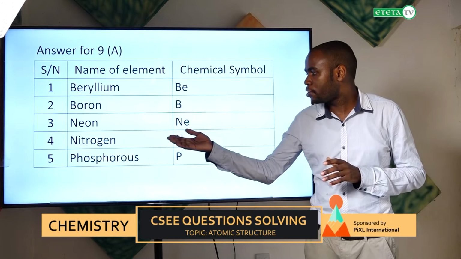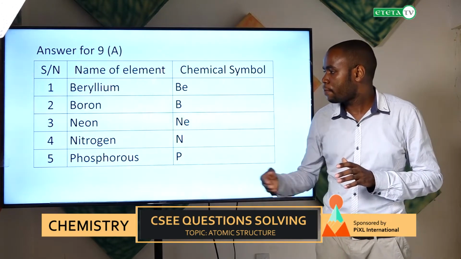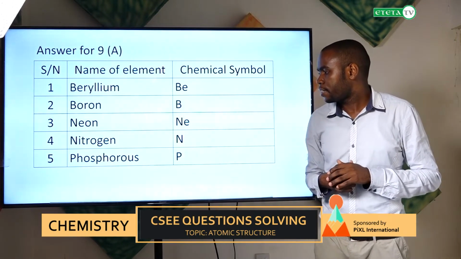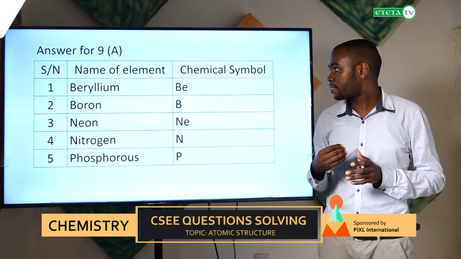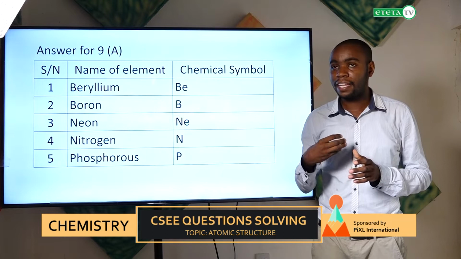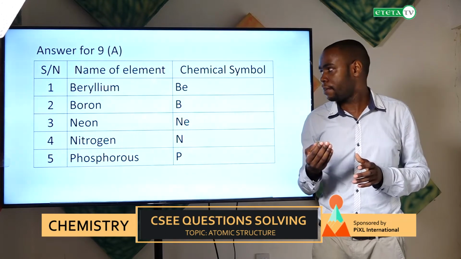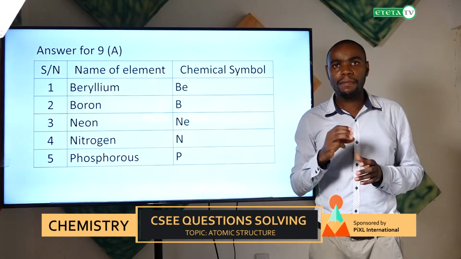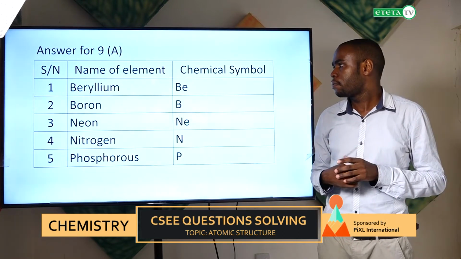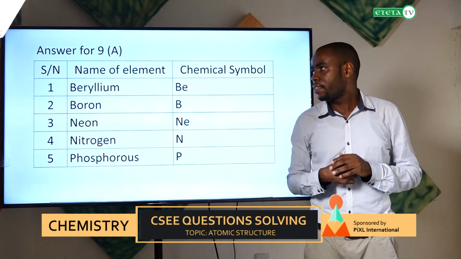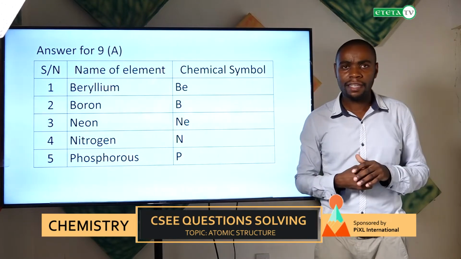The symbol for nitrogen is N, and the symbol for phosphorus is P. Point to remember: when you write the symbol of an element, the first letter should be capital and the second letter should be small. So this is how you can write the symbols for the elements mentioned.